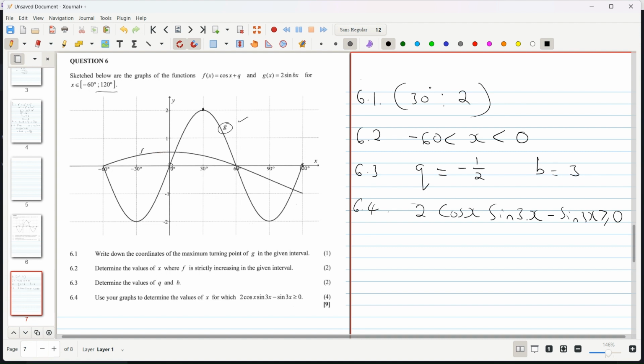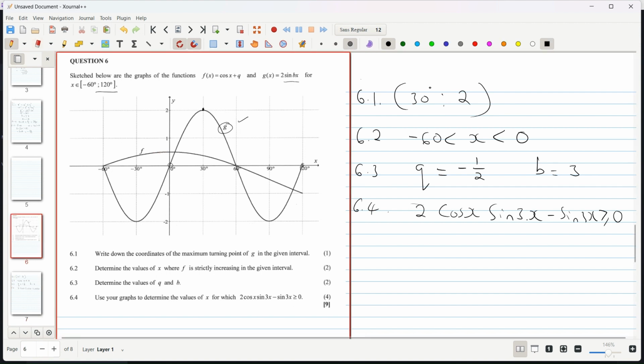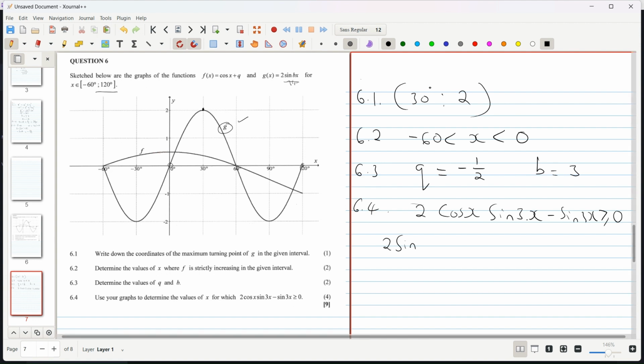And we can also take out this 2, because when we take out sin 3x, if we also take out 2, it becomes this function. Now that we have determined the value for b, it becomes 2 sin 3x. So it's this equation here. So let's take out 2 sin 3x.